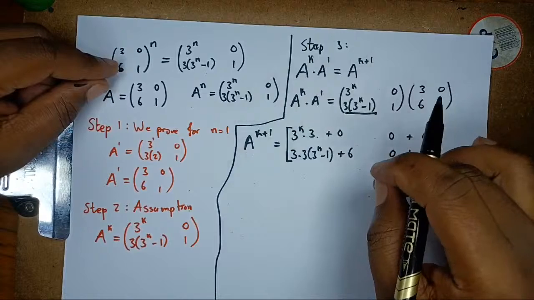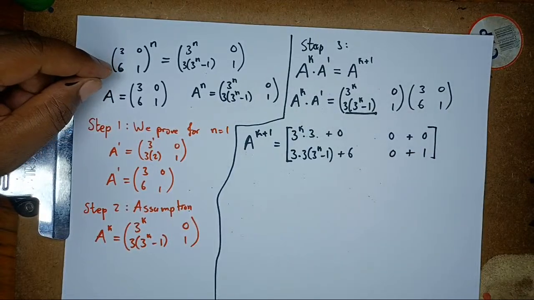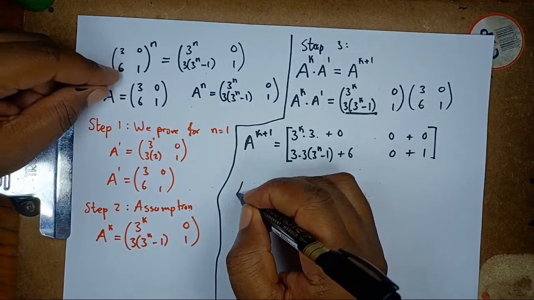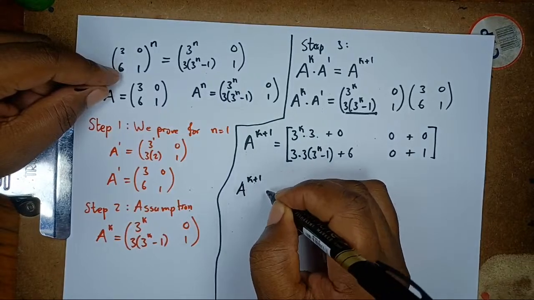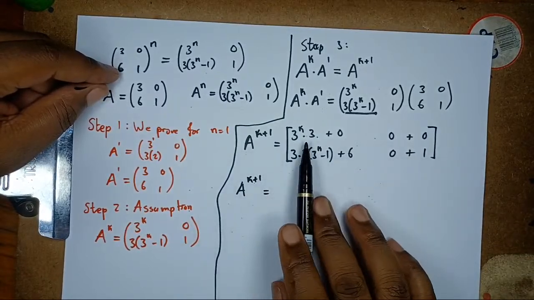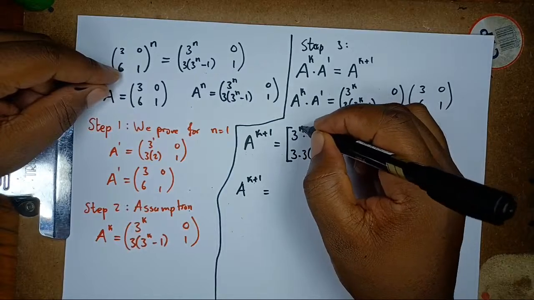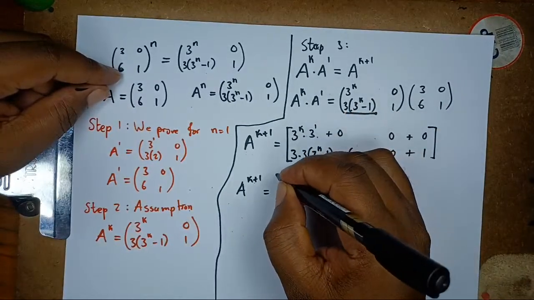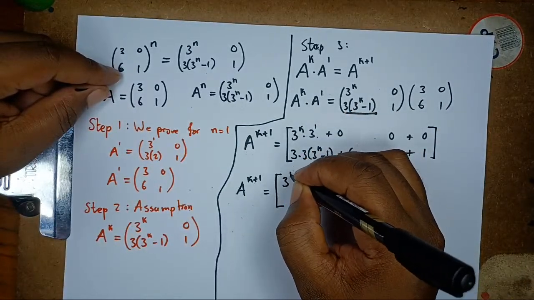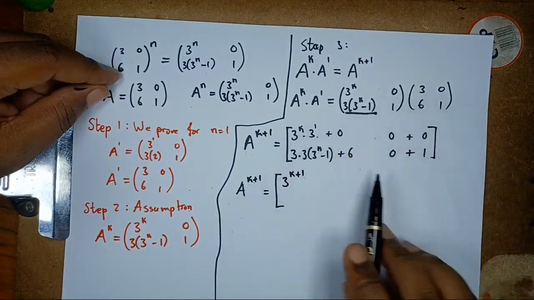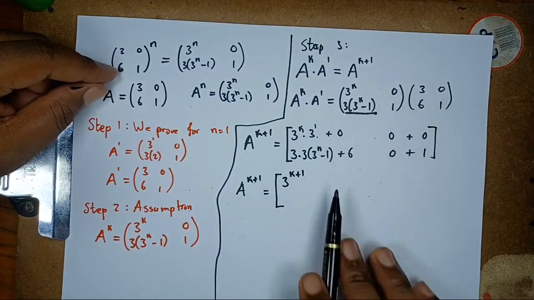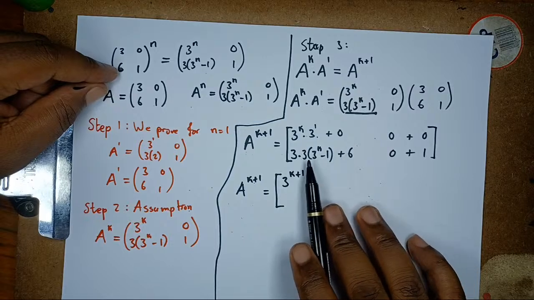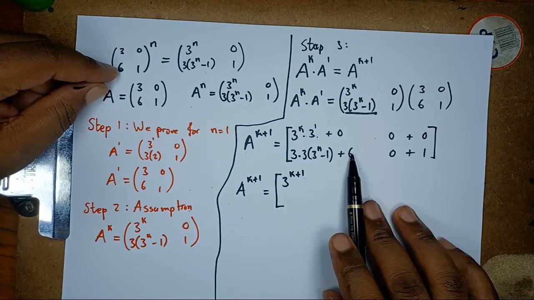Now we have to manipulate this. How do we do that? So a to the power k plus 1 will be equal to, here we have 3 to the k times 3 to the 1, which is just the same as 3 to the power k plus 1. There's a 0, so just leave it like that. For this part here, let's factor out what is common. We have a 6, we have a 3.